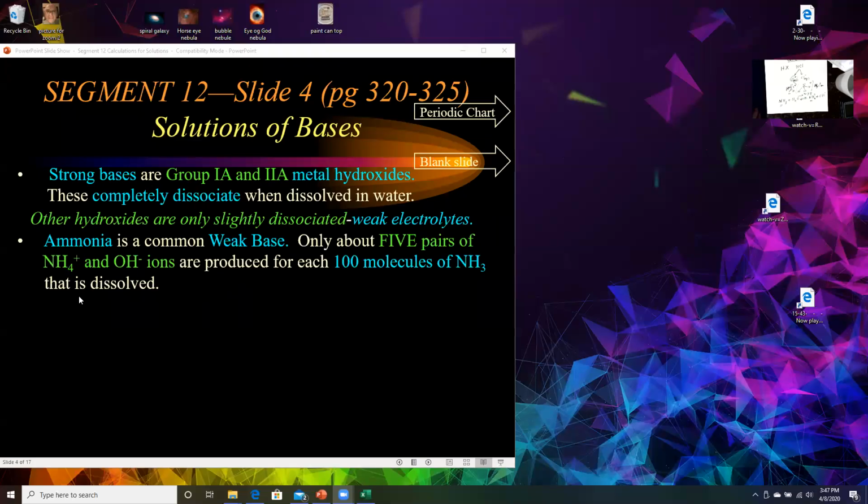So it doesn't dissolve much in water, but it does a little bit. It would be a weak electrolyte and would not be one of the strong electrolytes that we have. This is the only base that we're concerned about essentially in Gen Chem 1 or its lab.